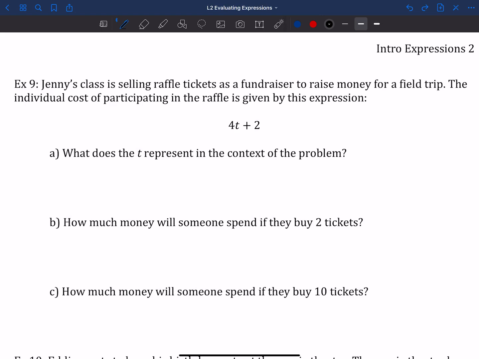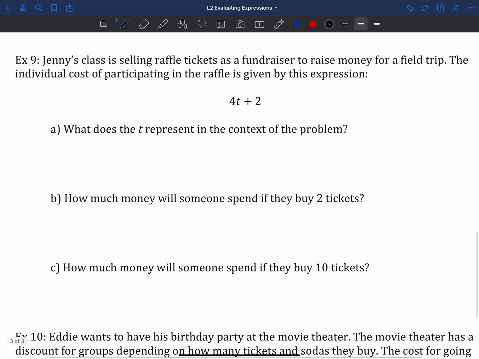So let's think about this. We're selling raffle tickets as a fundraiser to raise money for a field trip. The individual cost of participating in the raffle is given by that expression. So T, if I'm thinking about a raffle, T might represent maybe tickets. So it can get a little bit tricky. Again, this is one of those topics that gets easier the more problems like it you see.